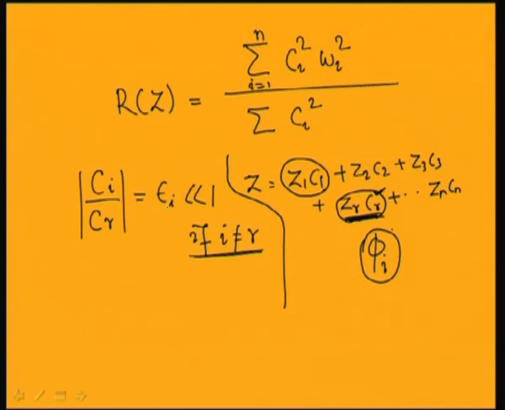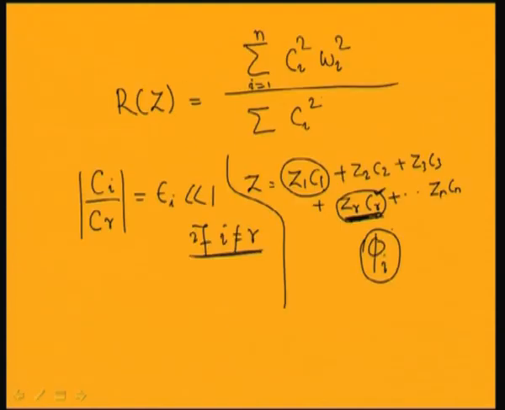So, from this Rz expression we can substitute. Let us substitute this expression here. If we expand this, it will be C1 square omega 1 square plus C2 square omega 2 square plus C3 square omega 3 square, up to Cr square omega r square, and this is divided by C1 square plus C2 square plus up to Cn square.